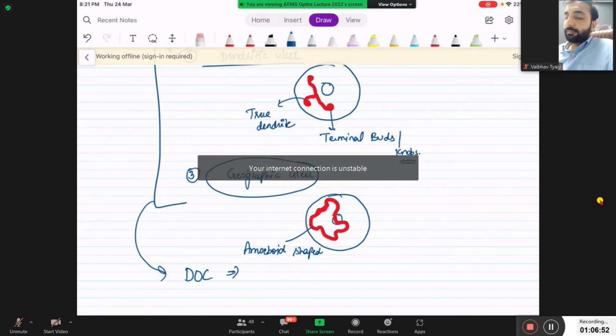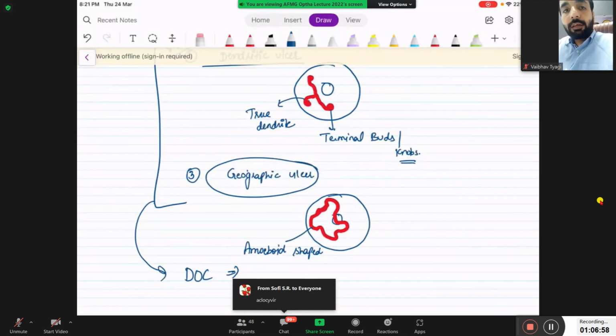What will be the drug of choice? Please tell me. In viral, which drug you will give? Antiviral. And antiviral is acyclovir. Along with acyclovir, what else you will give?